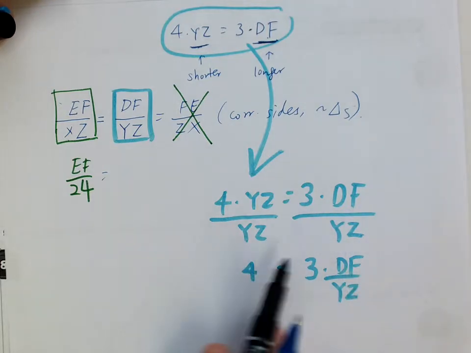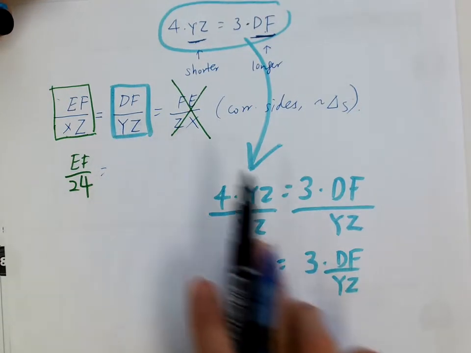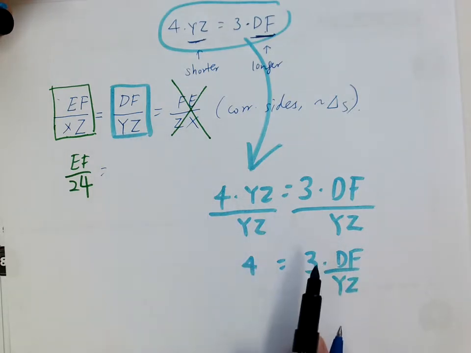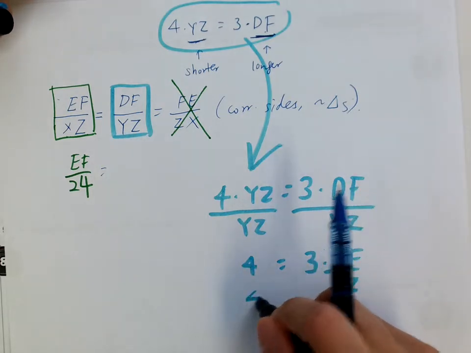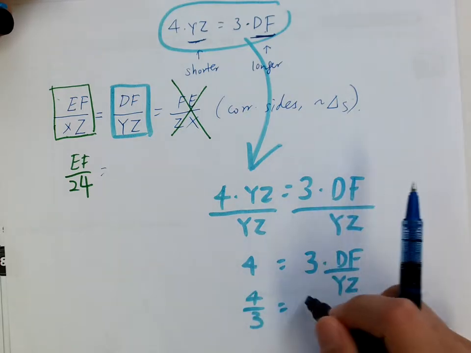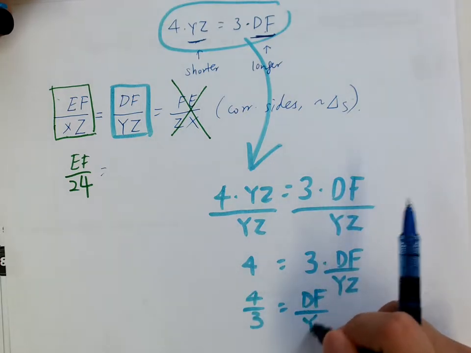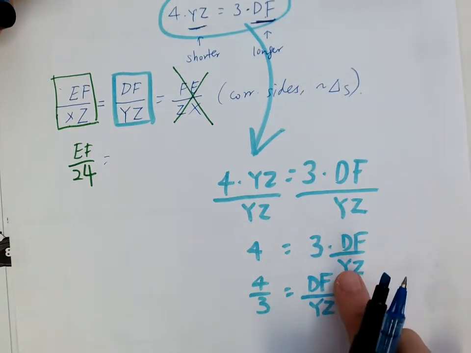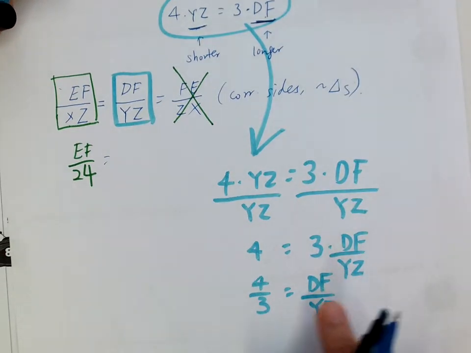Okay, so that in order to get something like this. One more step to go. We don't want the 3, therefore we will divide both sides by 3. Okay, that's good. From the result here, we find that DF over YZ equals 4 over 3.